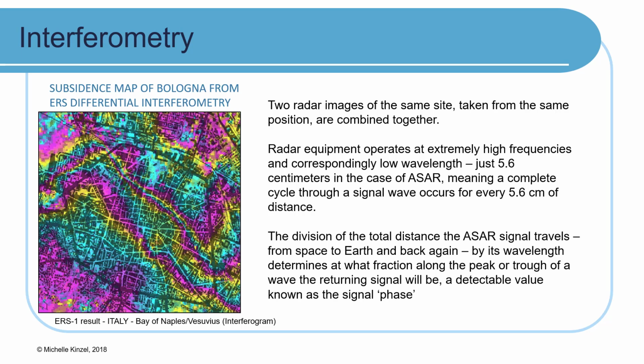Then the division of the total distance that the signal travels from space to Earth and back again by its wavelength determines at what fraction along a peak or trough of a wave the returning signal will be. This value is known as the signal phase. This is an example from Naples, Italy, and it is an interferogram.